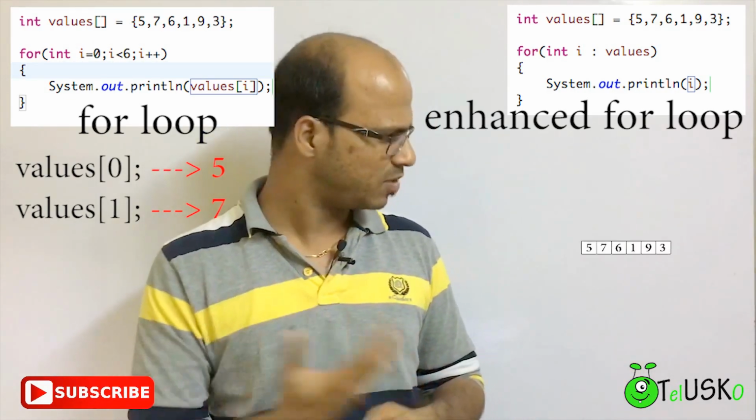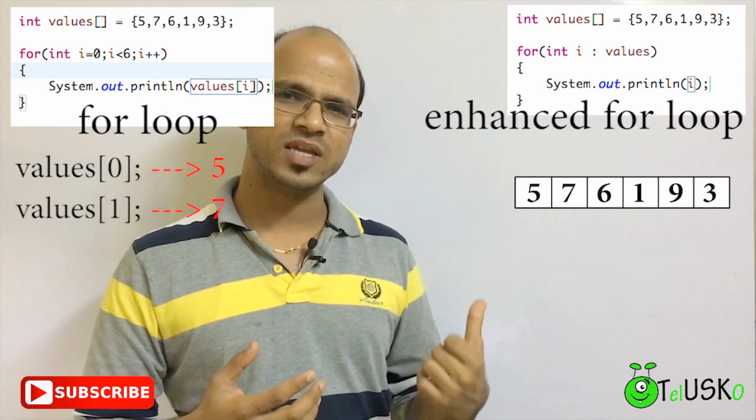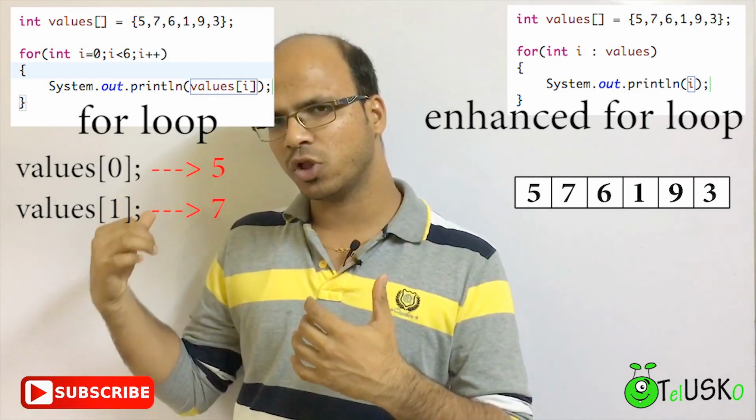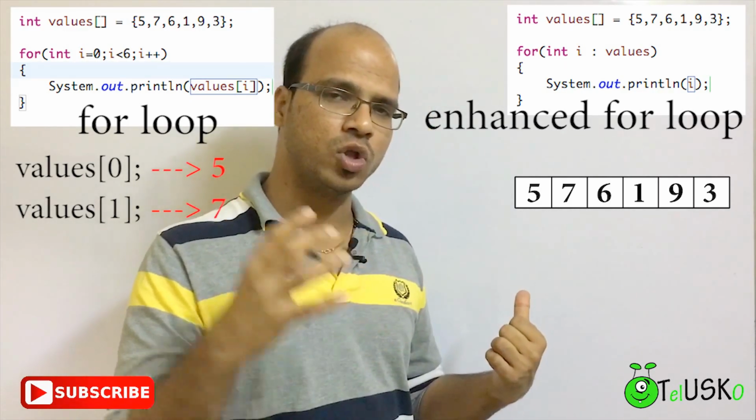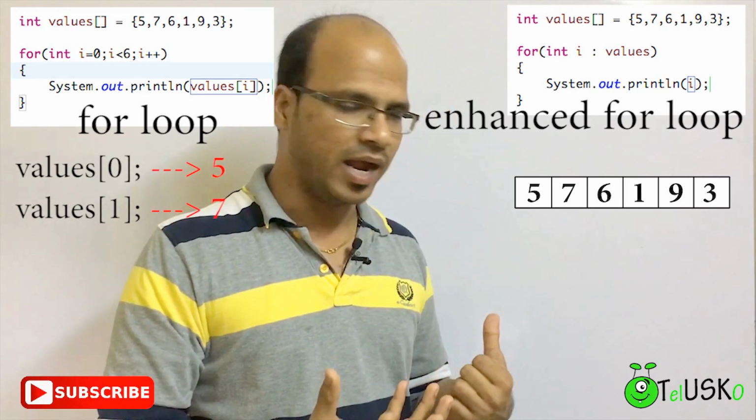So what will happen now? Let's imagine we have an array that looks like this, and from this array we have to fetch values. Let's say the first element is 5, and you want to fetch that value 5. When you work with the normal for loop, you have to specify values, and in brackets mention 0, or i, which will fetch the value. Here, the enhanced for loop will go to the array, fetch the value 5, and put it into that i variable.